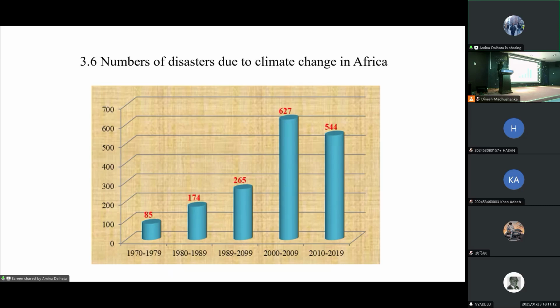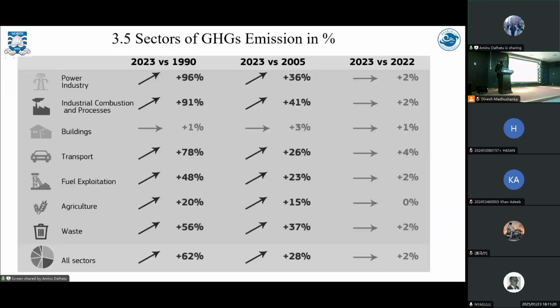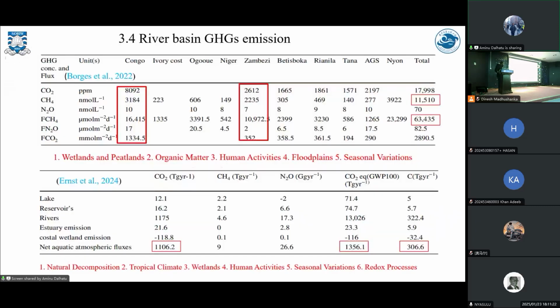If you are interested in putting the results and comparing, you don't change anything on the publication.